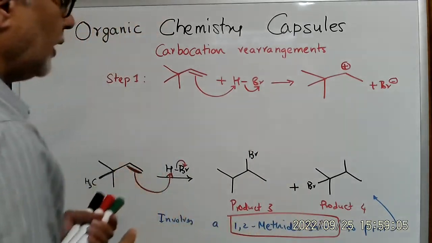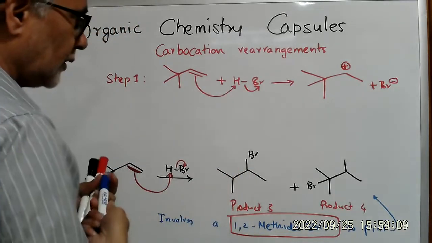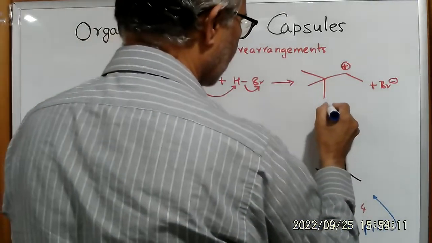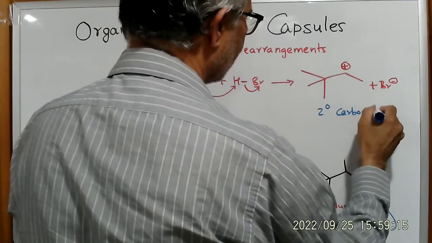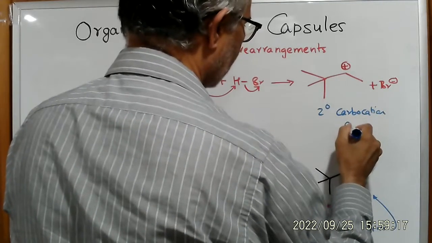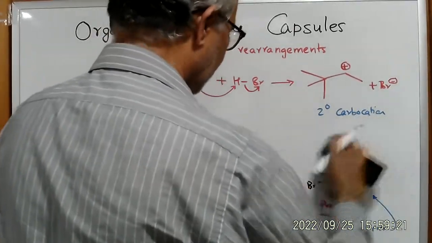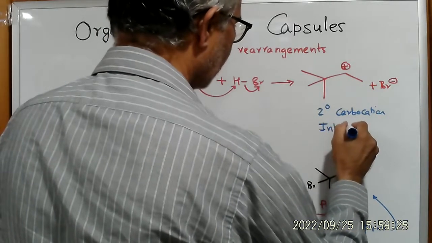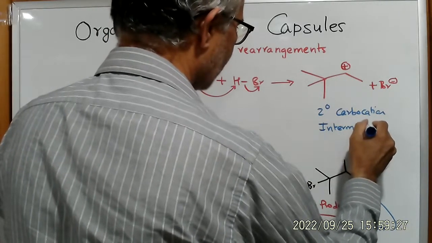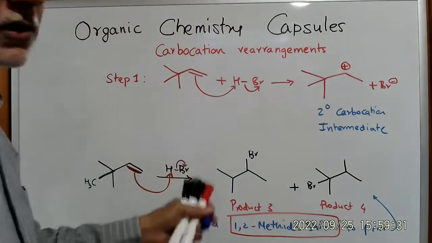So step 1 of the mechanism gave us the familiar secondary carbocation intermediate. This is an intermediate, it's not the final product. It's an intermediate which undergoes another mechanistic step to give us the products. Let's start with product 3.